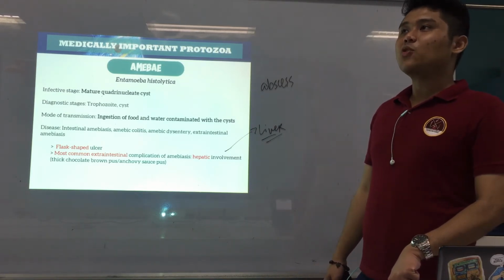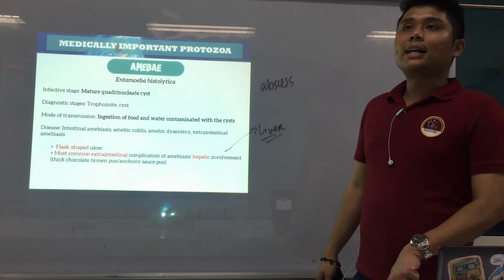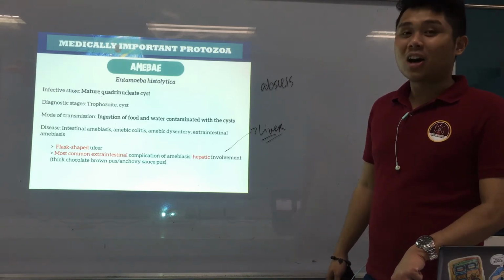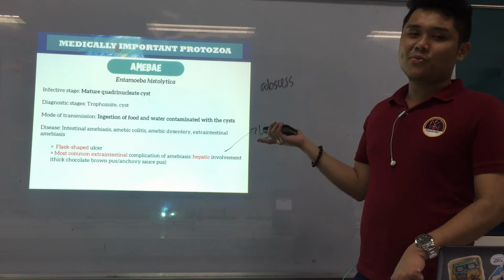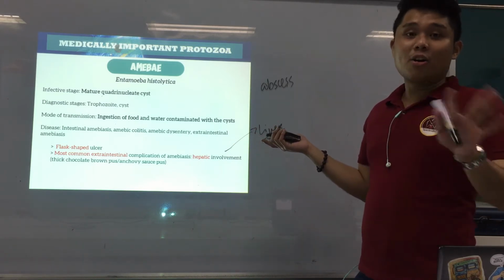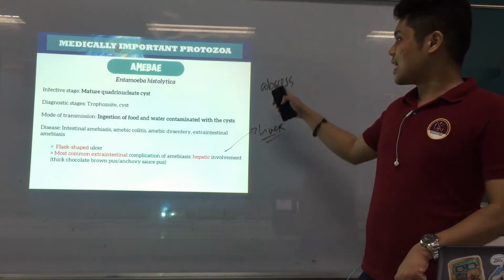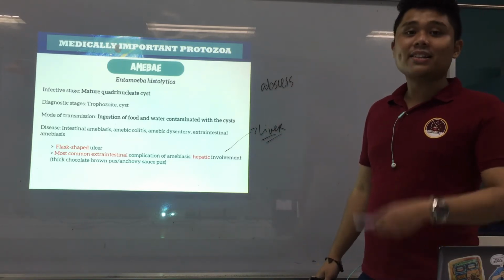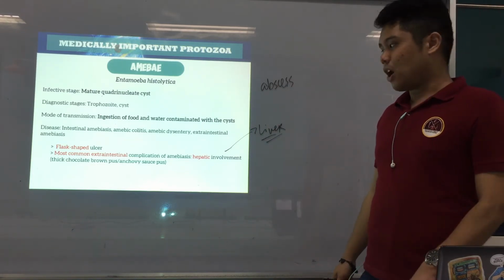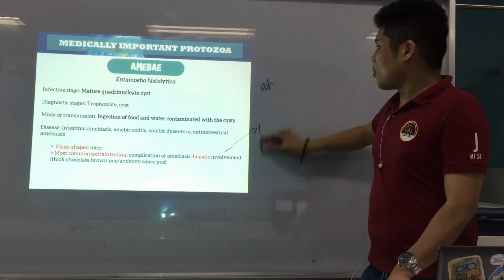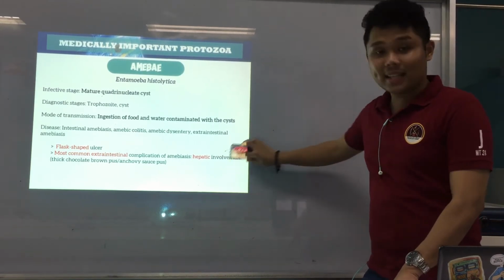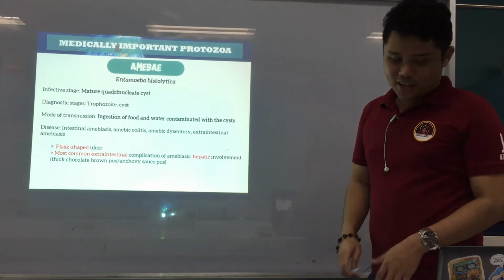Anchovies are small fishes, smaller than sardines. Basically the appearance is brown. Thick chocolate brown anchovy sauce that's inside the abscess. Again, an abscess is a swelling that contains pus. Again, the most common site of extra-intestinal amoebiasis is your liver.